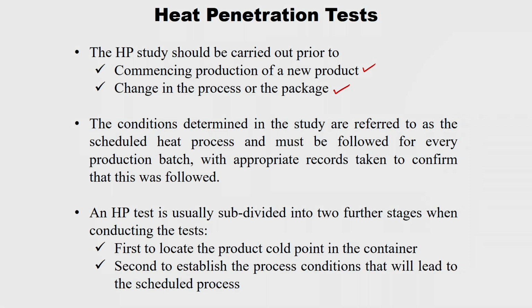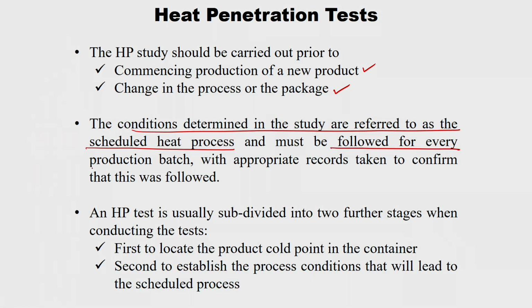Normally in the food industries they do not do it, because we always ensure the F value is safe, since we are calculating it by employing worst case conditions, but it is very important to record it. So, the conditions determined by the study are referred to as the scheduled heat process, which is nothing but a process established for a particular F value.